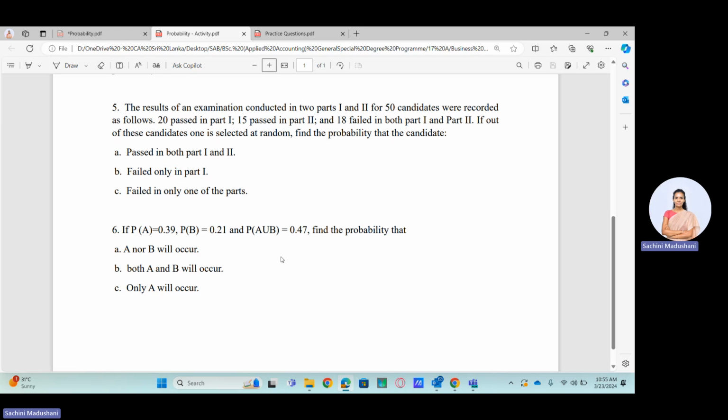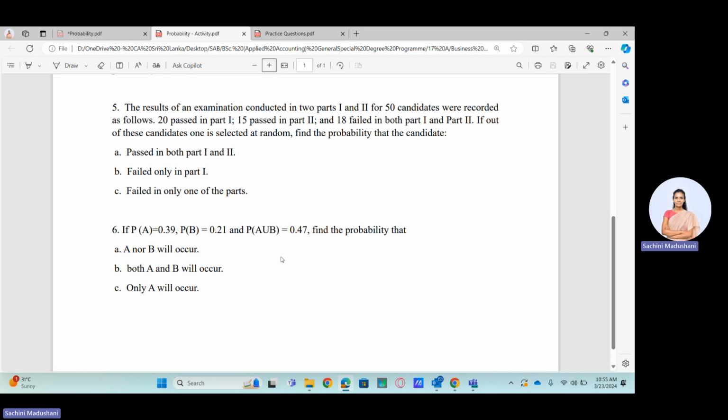Then the theoretical way: failed only part 1 means passed only part 2. Passed in part 2 we represent by B. It means B only.